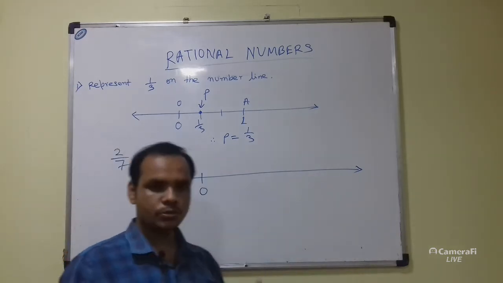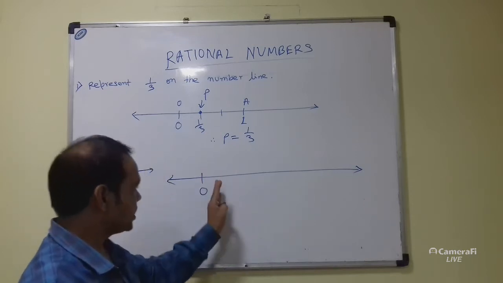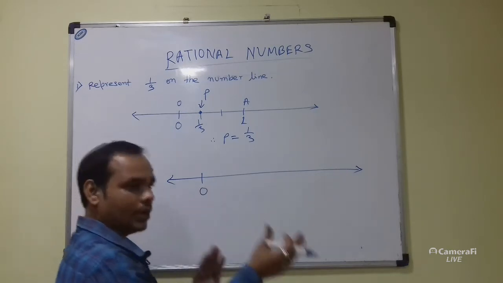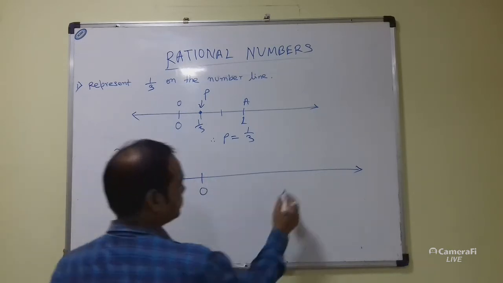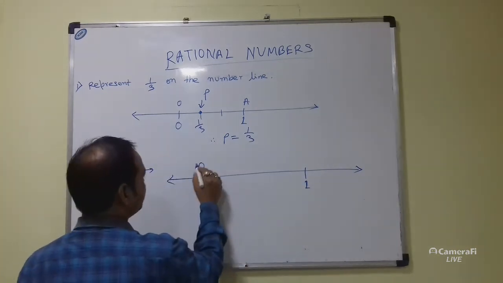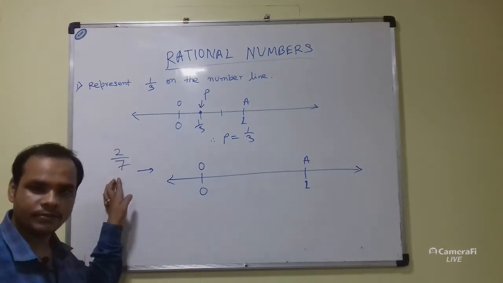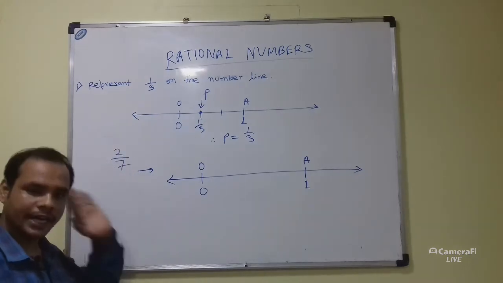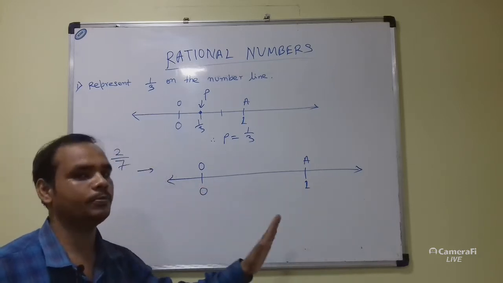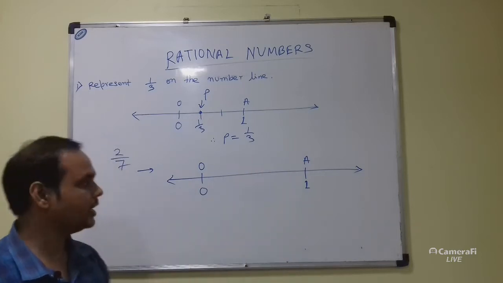It is better to use a scale to get equal unit values. Give the unit value the name OA. Now the denominator is 7, so we have to divide this unit value into 7 equal parts. For dividing it into 7 equal parts, we have to use the scale.